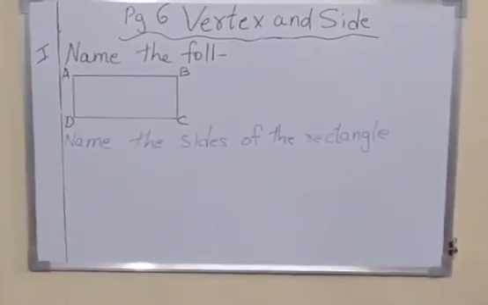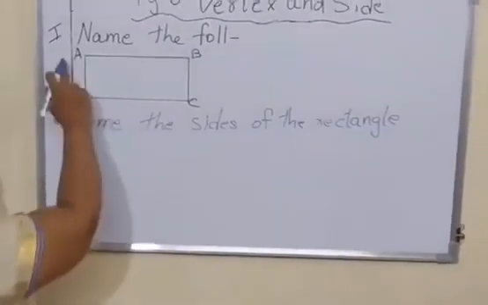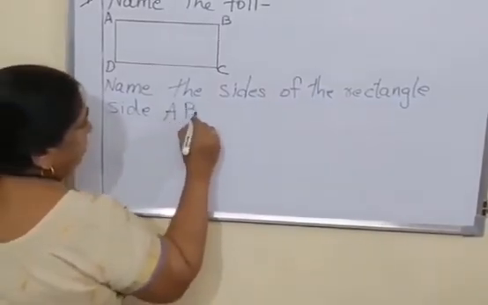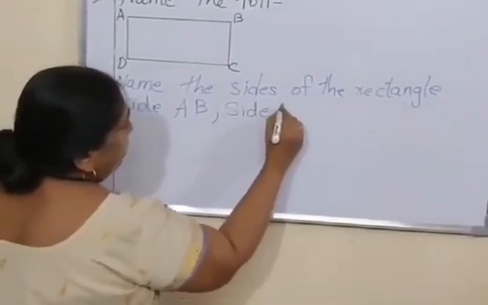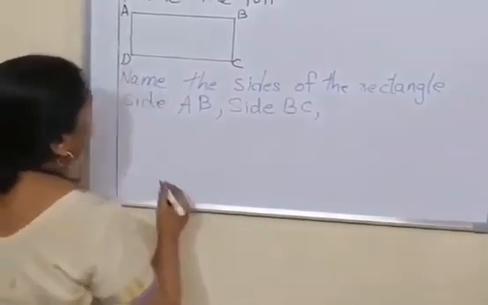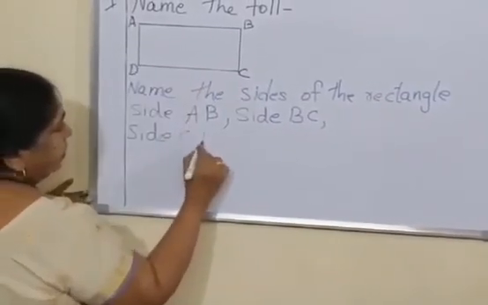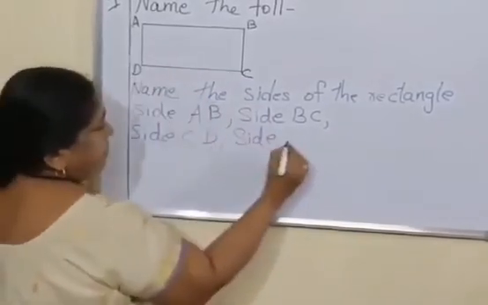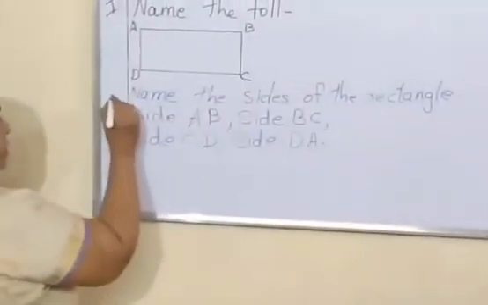Okay, now which are the sides over here? Can you tell me? Side AB, side BC, side CD and side DA. So you write here side AB, then side BC, then side CD and side DA. So all of you, this is question number 1.